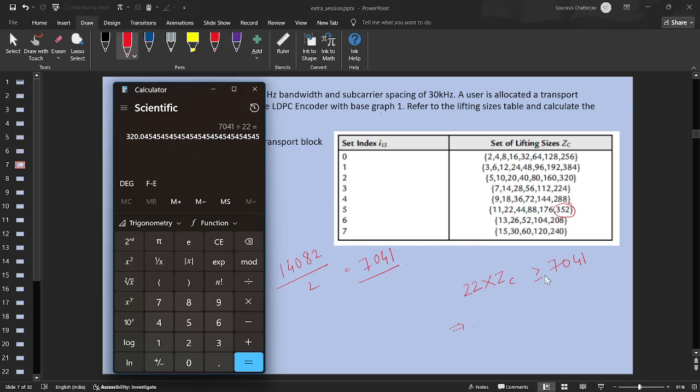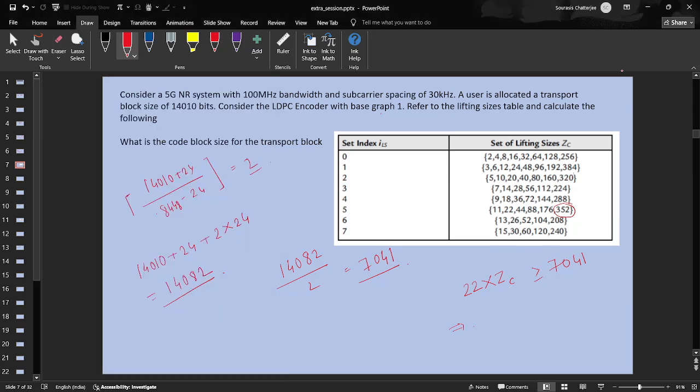It should be greater than or equal to 320, so 320 is less and we cannot take it. We have to take more than that. So 320 is out of the picture because Zc needs to be an integer. Then the closest option is 352. So for me, Zc is 352, and the code block size is 22 times 352.